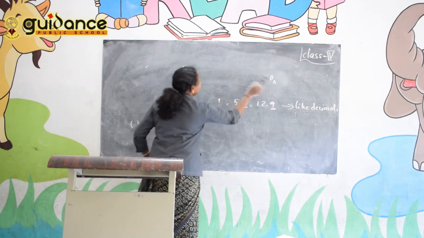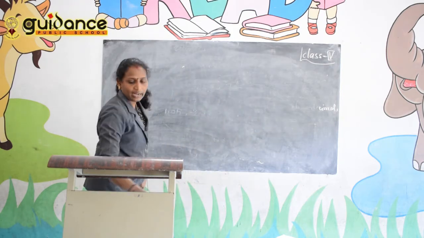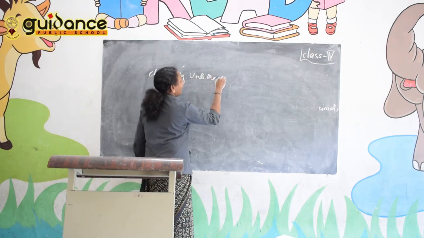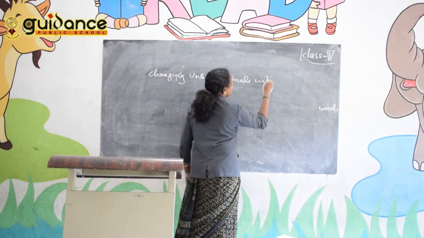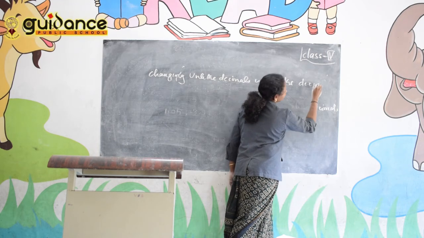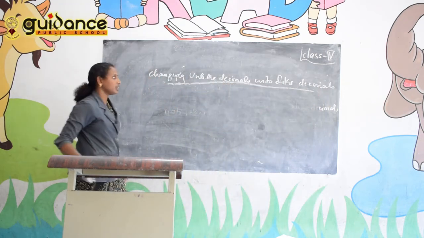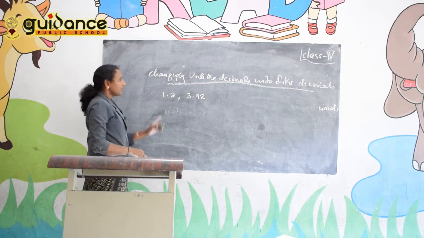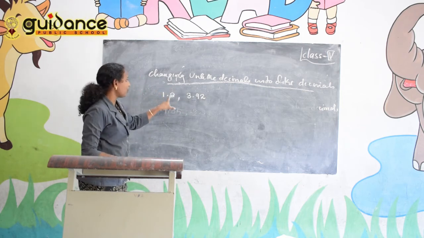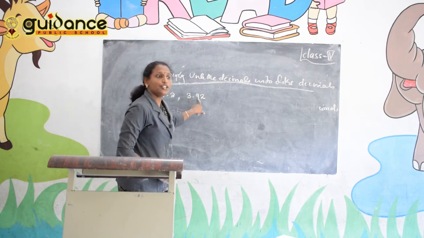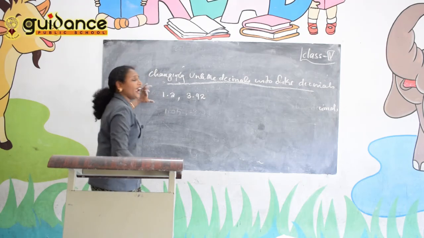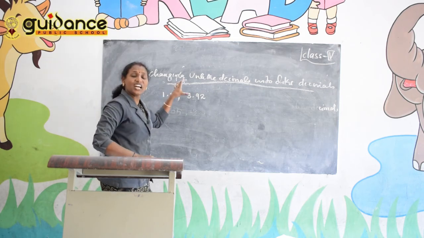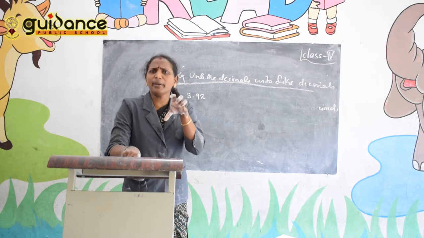Here we have 1.2 and 3.92. These are unlike decimals: after the decimal point only 1 digit in the first, 2 digits in the second. To convert unlike decimals into like decimals, as I told you, we need the same number of decimal places after the decimal point.